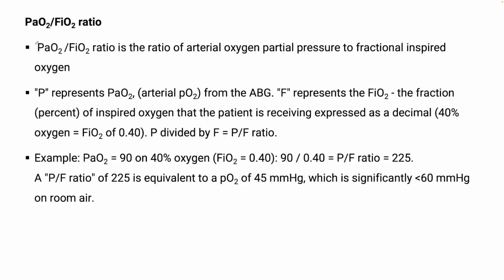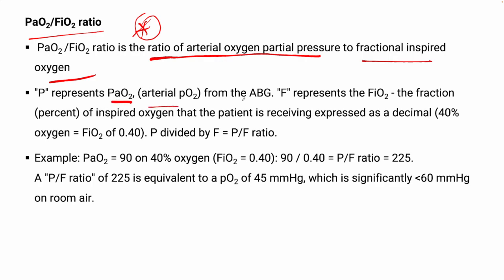Now the PaO2 and FiO2 ratio. What is it? This is a very important factor. Remember, the PaO2 FiO2 ratio is the ratio of arterial oxygen partial pressure to fractional inspired oxygen. We have already seen FiO2. P represents PaO2, the arterial PaO2 from the ABG.